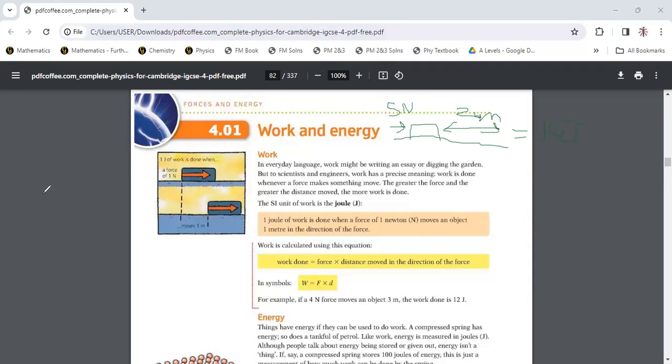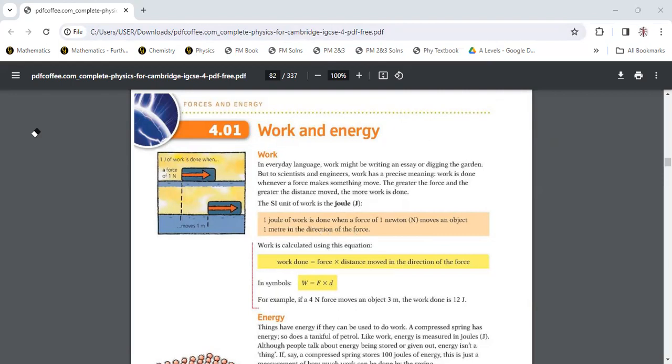So what exactly is a joule? We know that a joule, which is a standard unit, is the work done when a force of 1 newton moves an object 1 meter in the direction of the force.